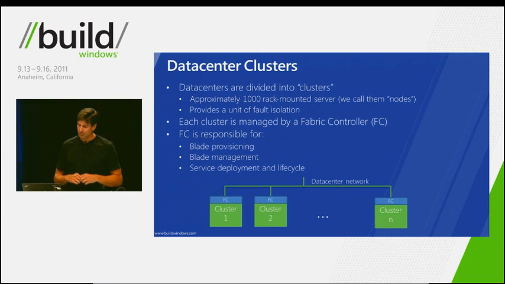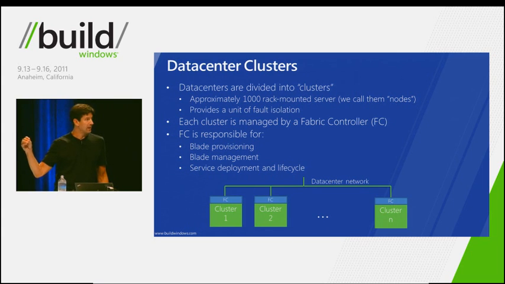So there's something called a Fabric Controller that runs in a cluster and manages the servers in that cluster. If something catastrophic happens to the Fabric Controller, then the unit of failure is the cluster. Although we've got tons of reliability and availability built into the Fabric Controller, so we shouldn't ever have anything catastrophic happen. The Fabric Controller is responsible for provisioning the hardware, for managing the blades, and for the management of the life cycle of applications. So I'm on the Fabric team, of course.